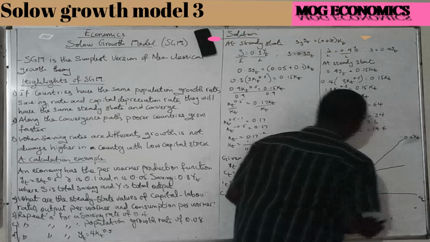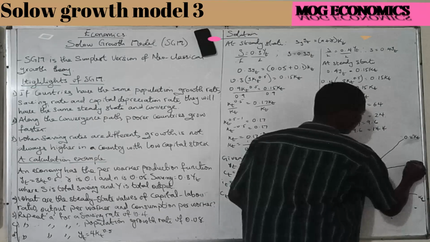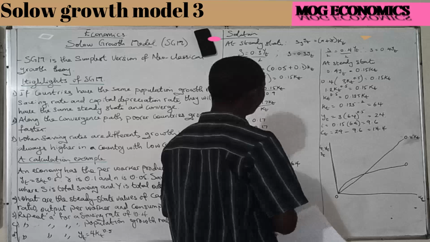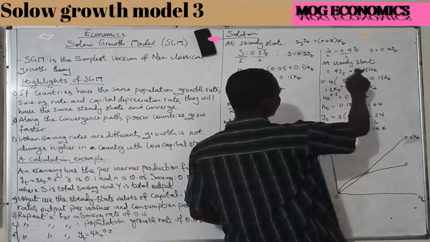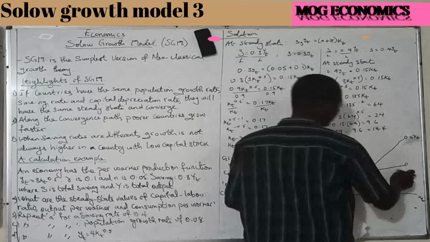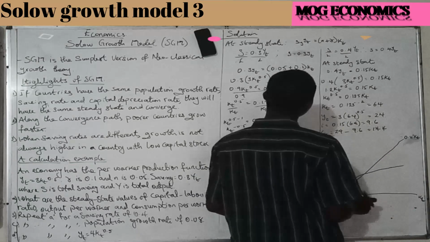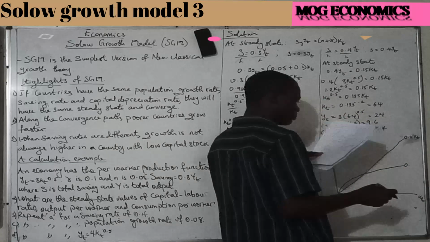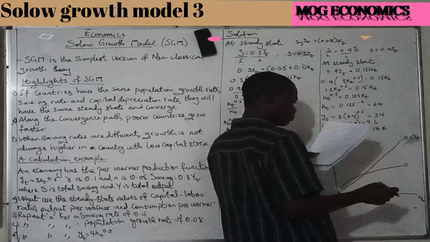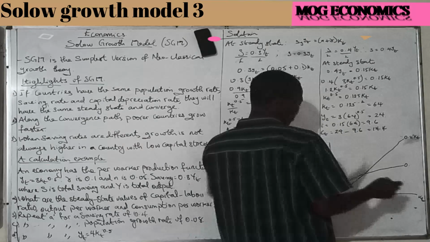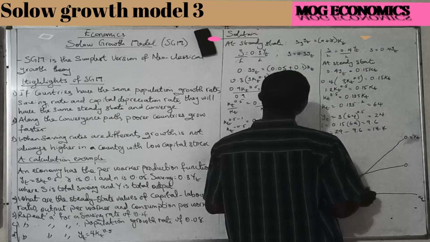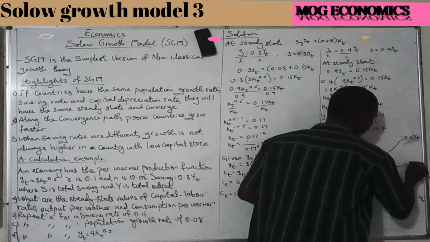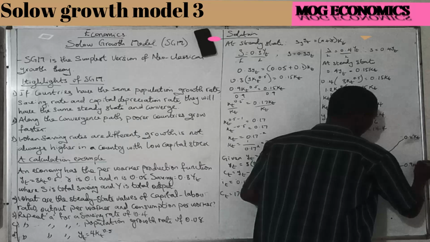Initial saving, when we express it in terms of KT, is 0.3 KT raised by 0.5. Let me just use 0.4 YT. Initially it was 0.3. Initially we have 0.9 KT raised by 0.5.